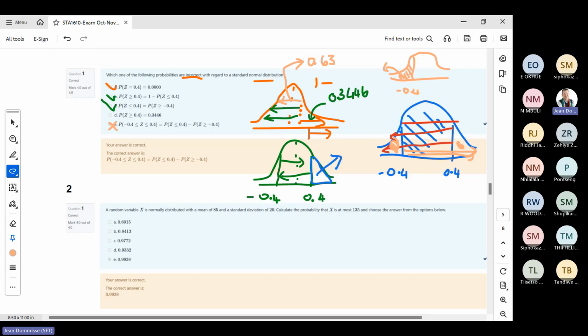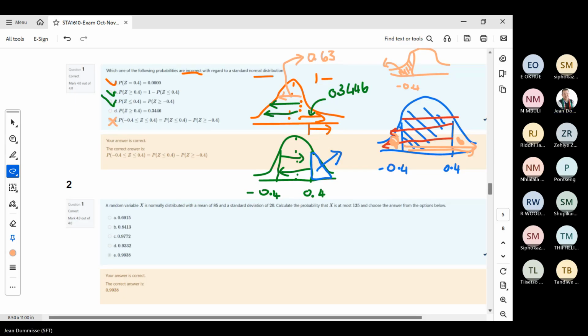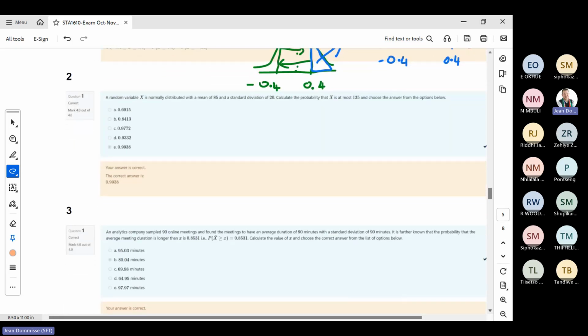So to get to 0.3446, you need to say 1 minus whatever the probability is for positive 0.4. Does that make sense? Yes, sir. Cool, awesome.